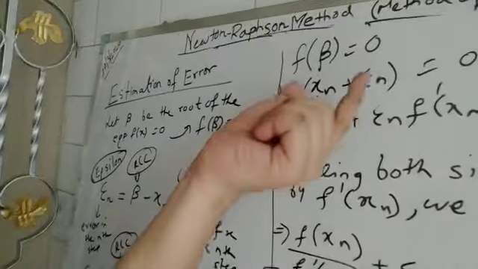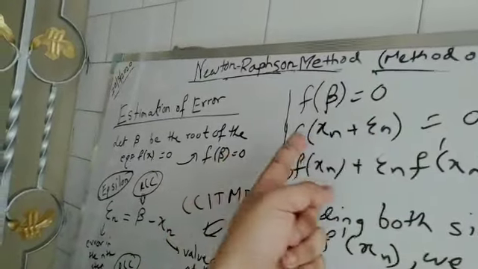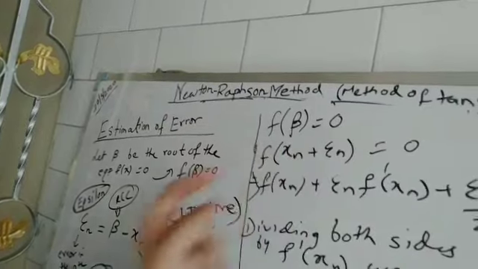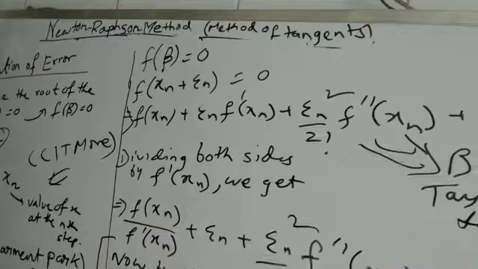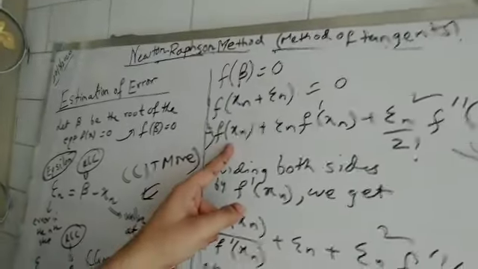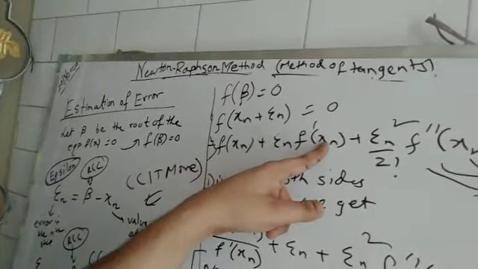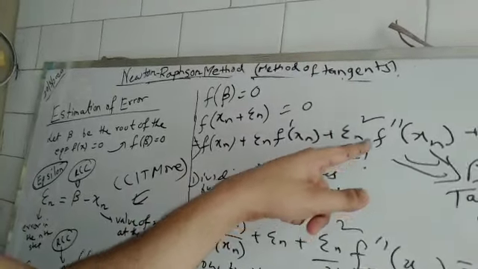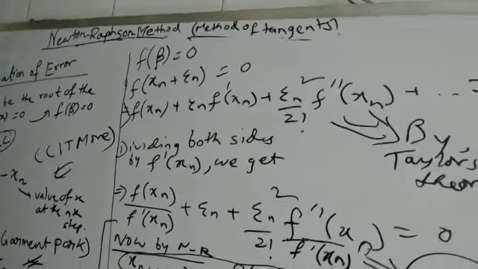In this type of situation, we generally expand by Taylor's theorem. So it will be f(xn) plus epsilon n f dash xn plus epsilon n square by 2 f double dash xn plus the rest of the terms.